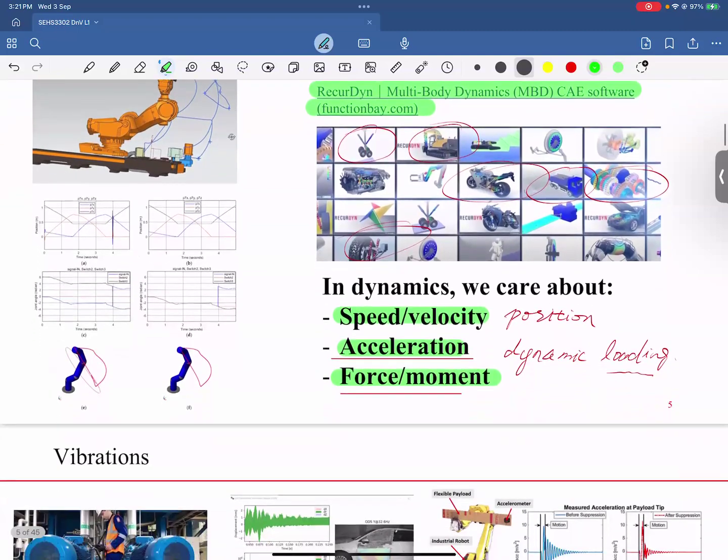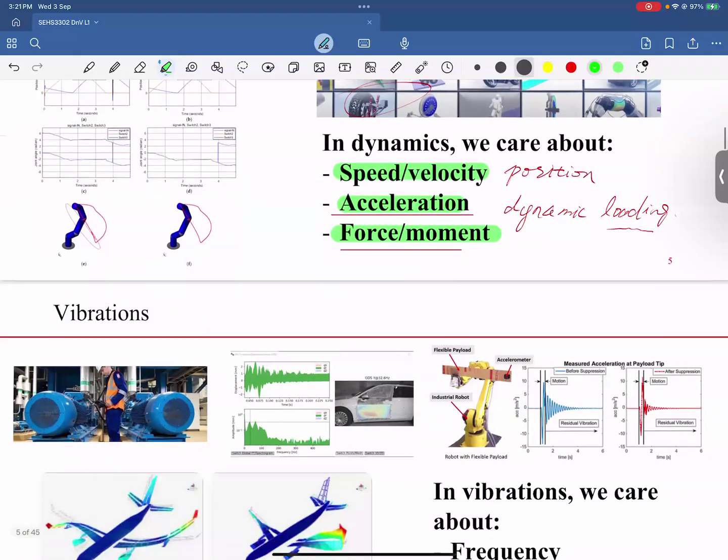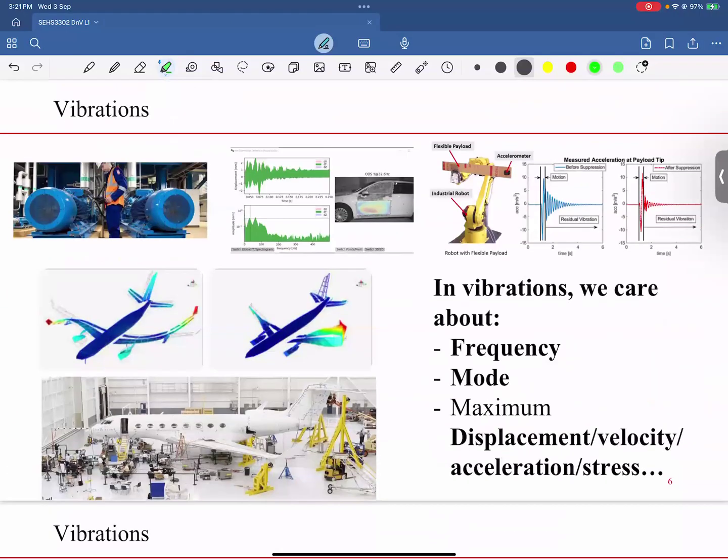Okay, the second topic of this subject is about vibrations. Vibration is actually also dynamics, because this aspect is very huge and very systematic. So we just put it out as another system and call it a vibration problem.